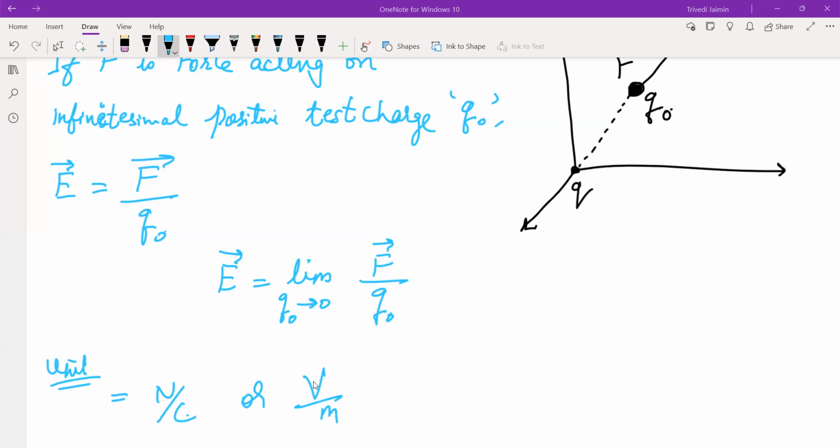Newton per coulomb or volt per meter. So these are the SI units of electric field strength.